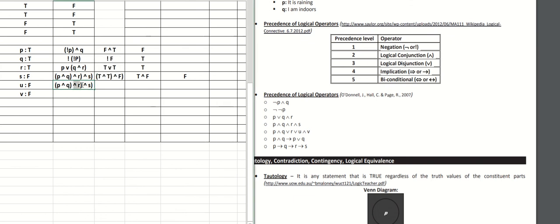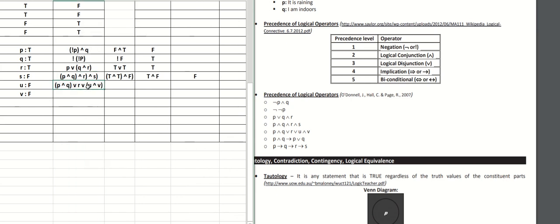So let's copy OR R and the OR operator again, and open and close parenthesis, the U and V. Again, based on the precedence of logical operators, we first get the truth value of the AND operator. We have this AND here and another AND operator here. Therefore, we put them in open and close parentheses.